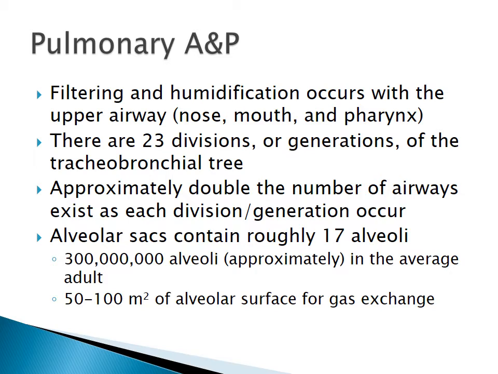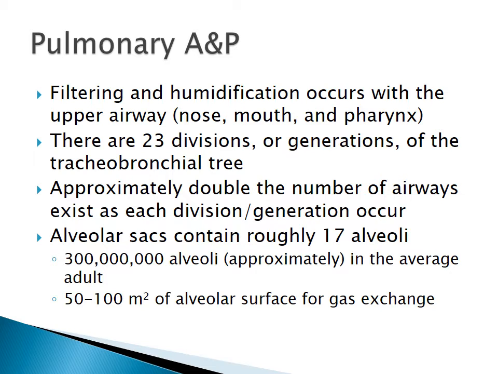Trachea to alveoli. 23. Both sides. Yeah, both sides. So why is that important? Well, when you get to generation 17 and beyond, you actually start having ventilation across the membrane.